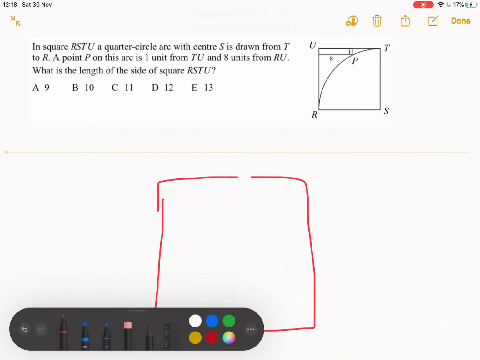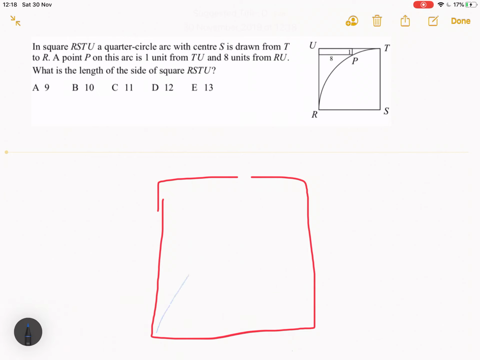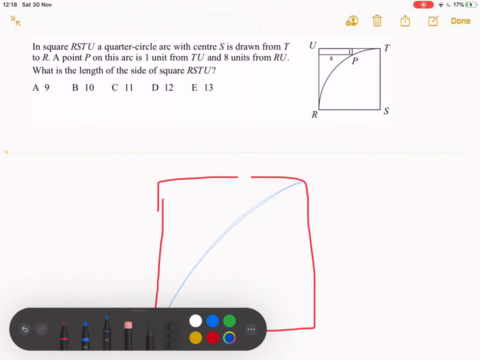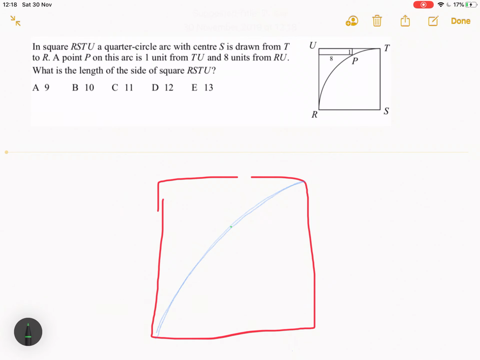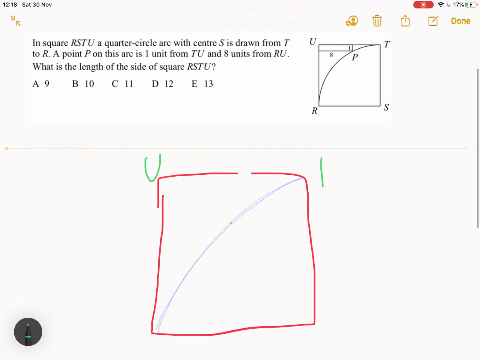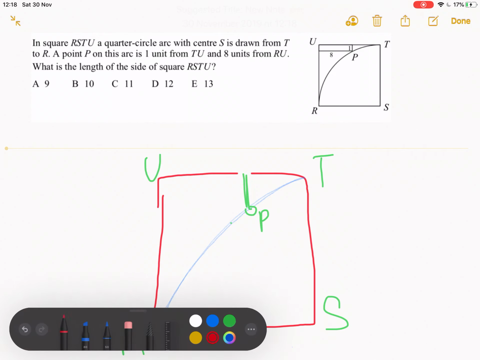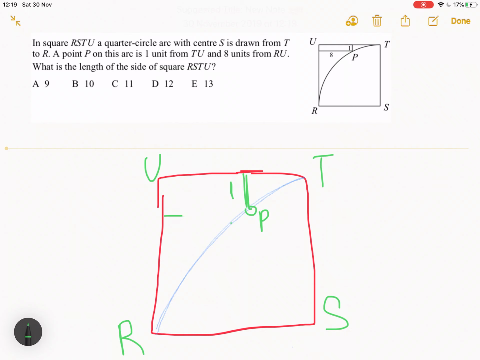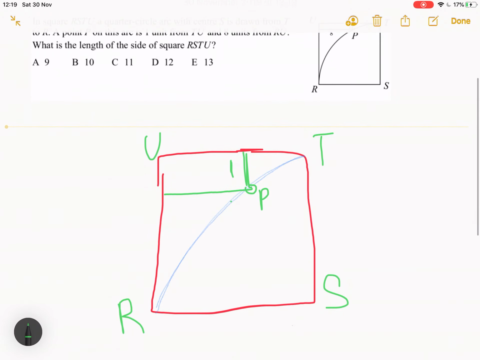Then we have our quarter of a circle, and then we have our points U, T, S, R, and a point P. We have a point 1 here, another 8 here.